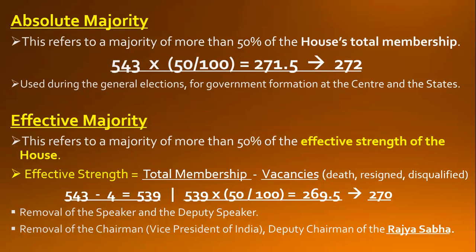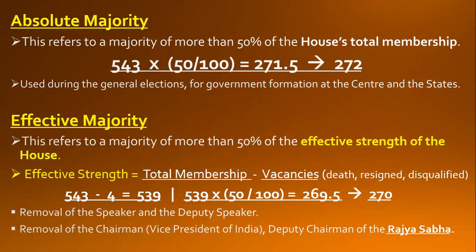Now what does it mean? Suppose when the Lok Sabha was constituted, there were 543 members. But now some people died, so vacancies were created. Some people resigned because they no longer wanted to be MPs. And some people were disqualified. On what basis can one be disqualified?